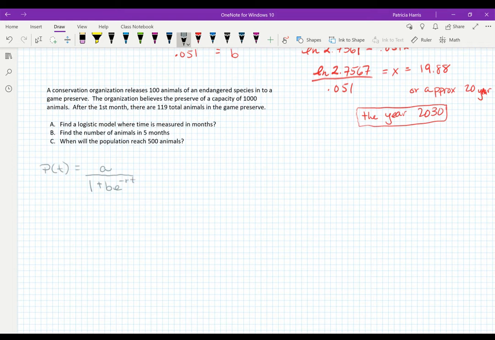Okay, so here, what we need to realize is that we are given a couple of data points in our problem. So at time 0, we have a population of 100 animals. We have a capacity of 1,000 animals.